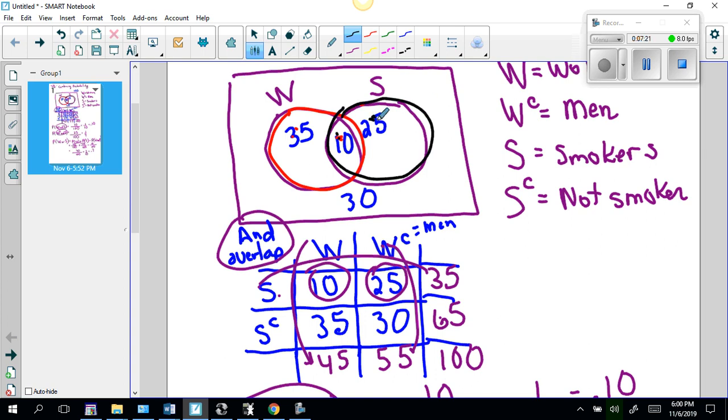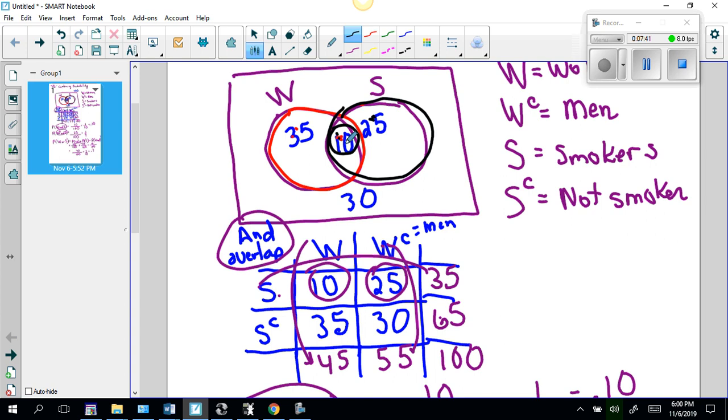So a lot of people just want to go 45 plus 35 is 80 out of 100. But here's the deal. I counted this 10 twice. Because I got 35 plus 10 is 45, and 25 plus 10 is 35. You can't count the 10 twice.